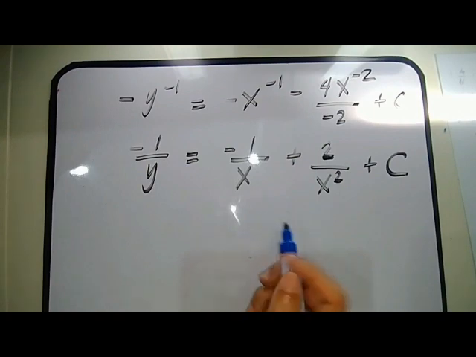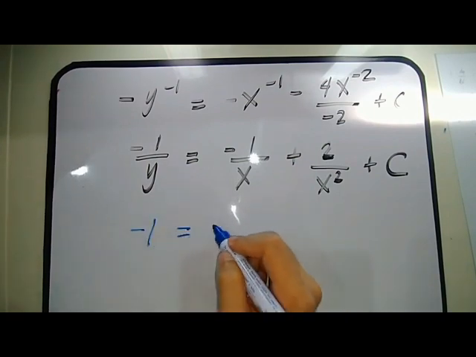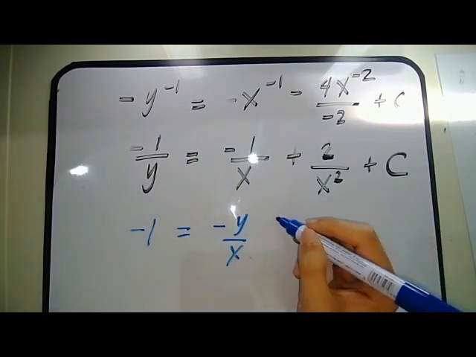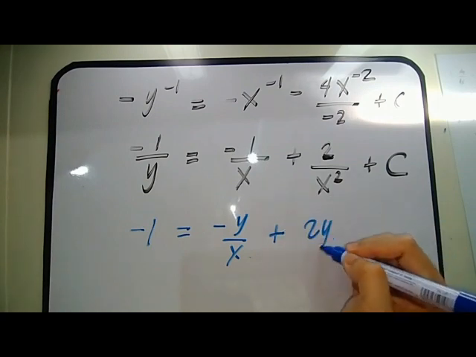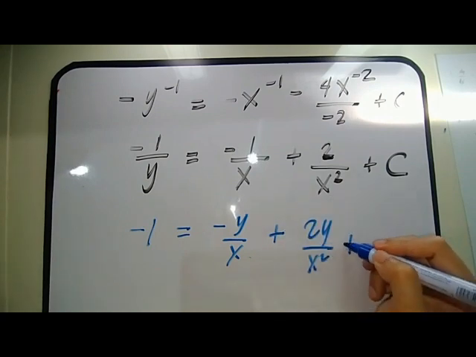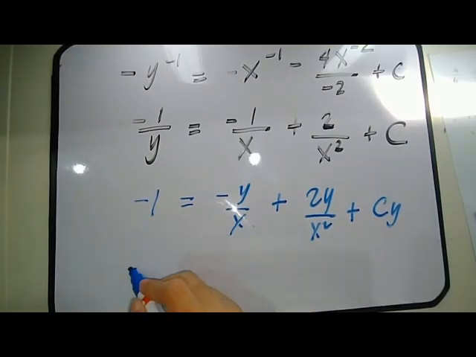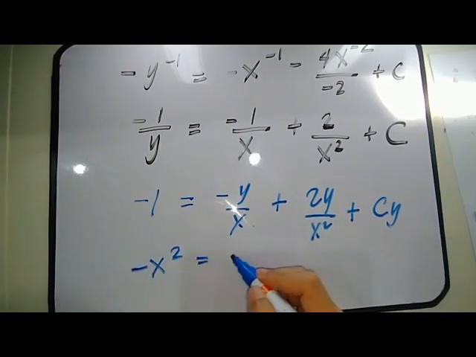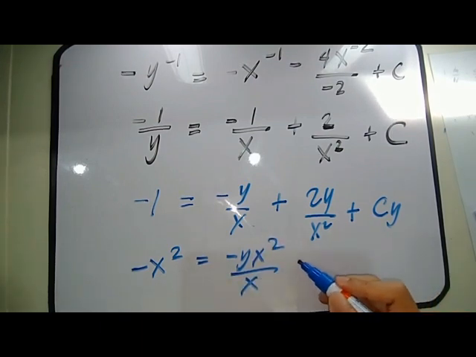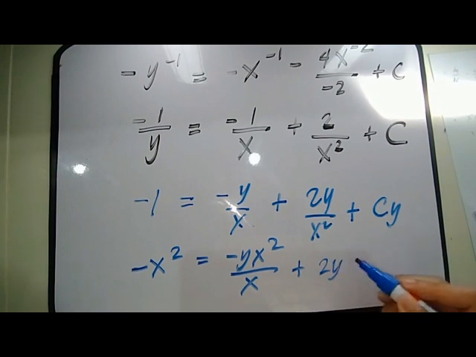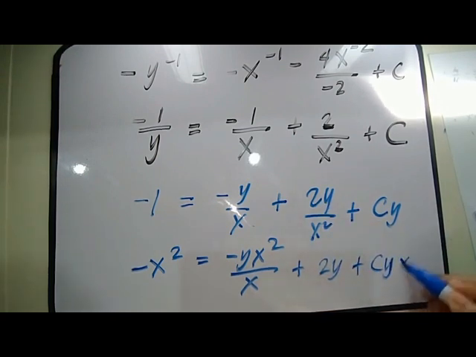So multiplying y to both sides, we have negative 1 equals negative y all over x plus 2y all over x squared plus cy. Then we simplify this by multiplying x squared to both sides so that the x's in the denominator are gone. So we have negative x squared equals negative y x squared all over x plus 2y x squared all over x squared, so that cancels, plus cy x squared.